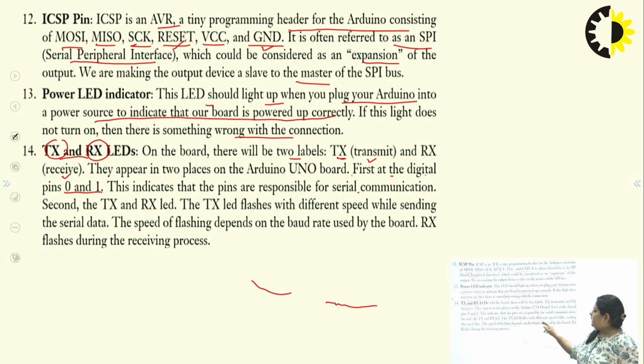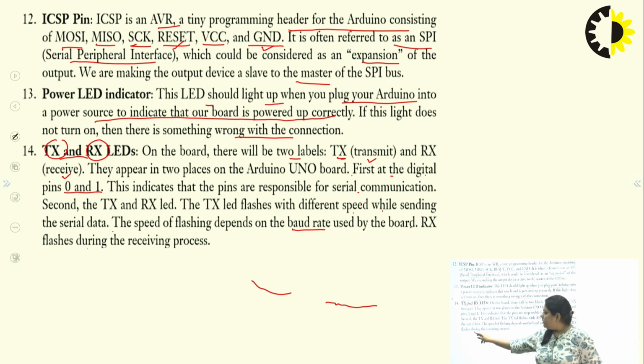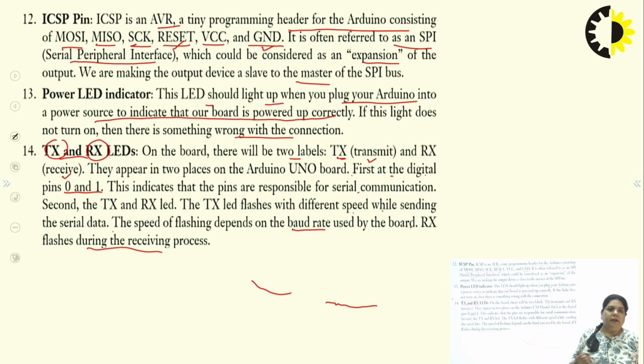The TX LED flashes with different speed while sending the serial data. The speed of flashing depends upon the baud rate used by the board. RX flashes during the receiving process. Whenever the Arduino UNO board receives a signal from Arduino IDE or from sensors, it flashes during the receiving process.